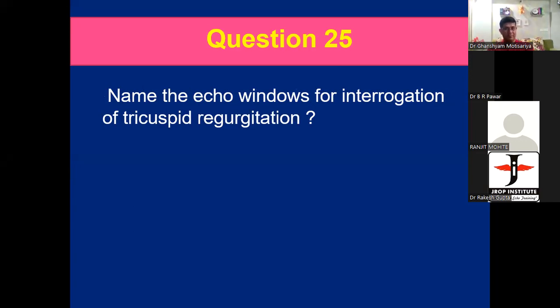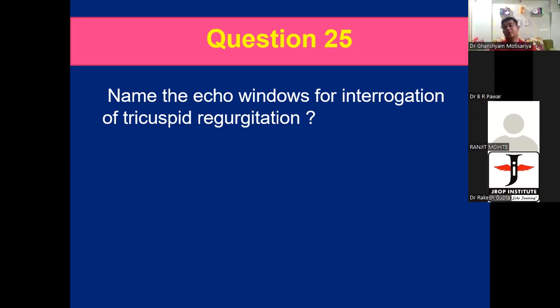Okay. Name the echo windows for interrogation of tricuspid regurgitation. So tricuspid regurgitation, we can view it in the apical four-chamber view or the short axis view with aorta in the center. There are a total of 5 windows, man. So the apical four-chamber, short axis with aorta in center.